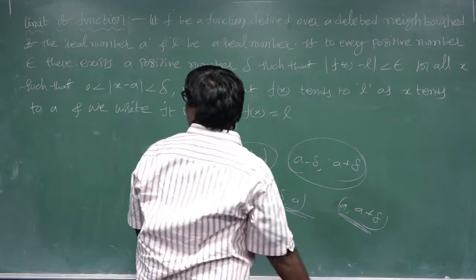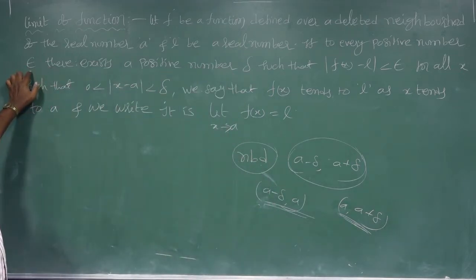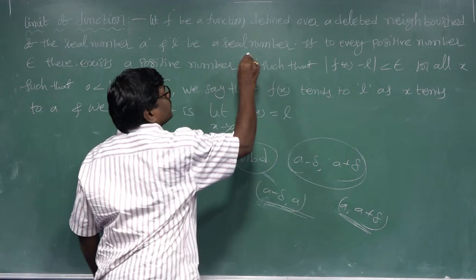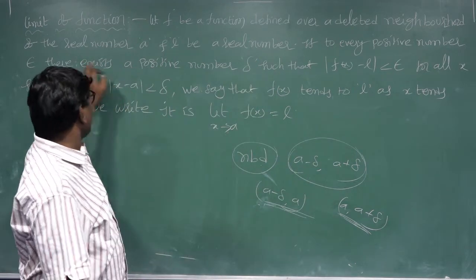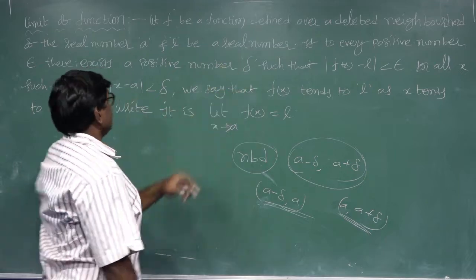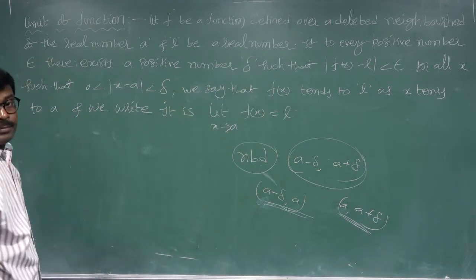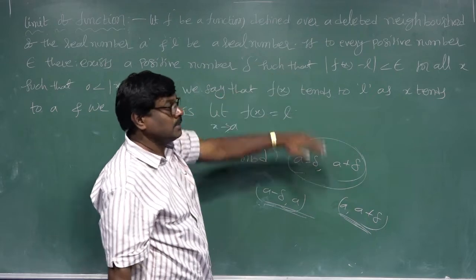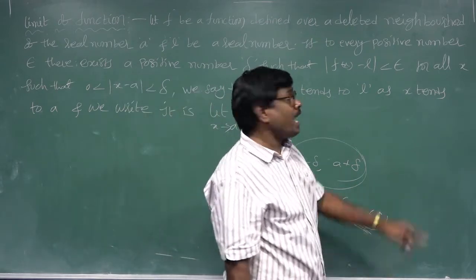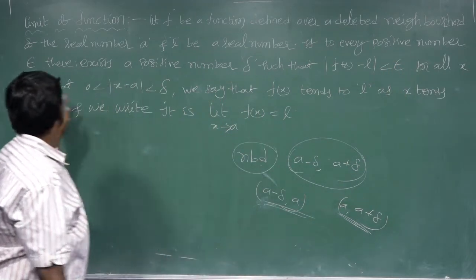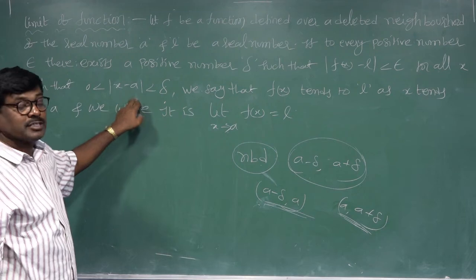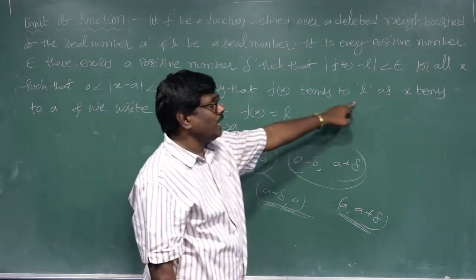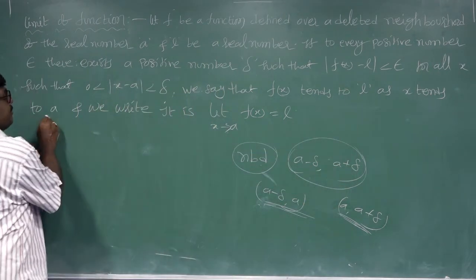If for every positive number epsilon, however small, there exists a positive number delta such that |f(x) − L| < ε for all x such that 0 < |x − a| < δ, we say that f(x) tends to L as x tends to a.